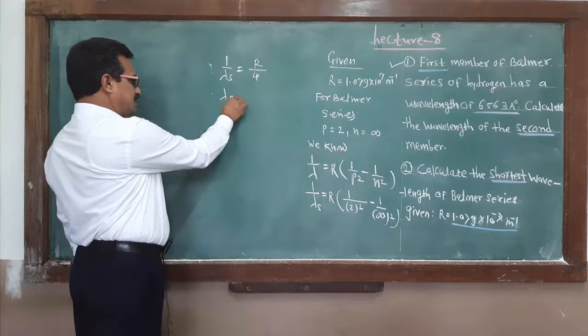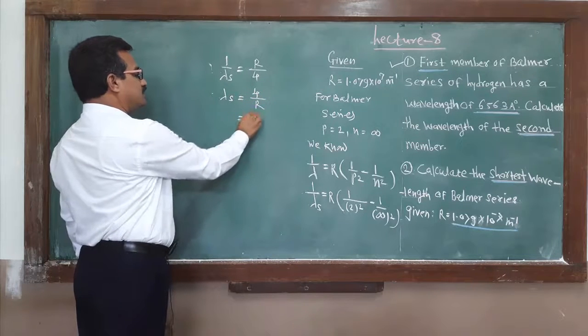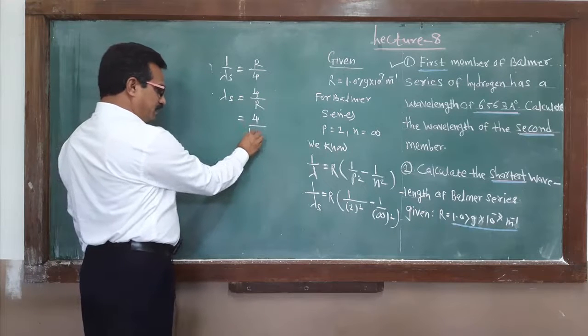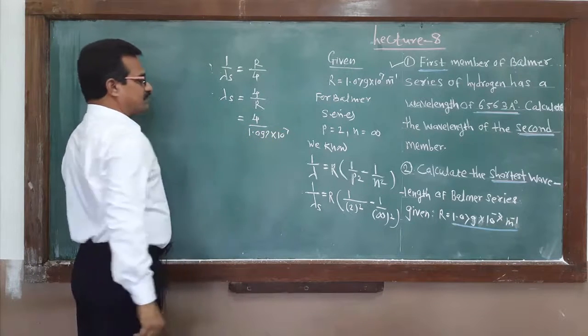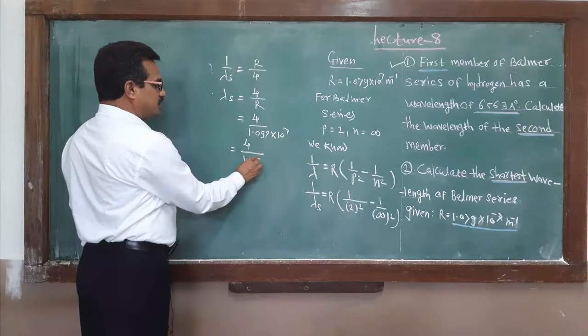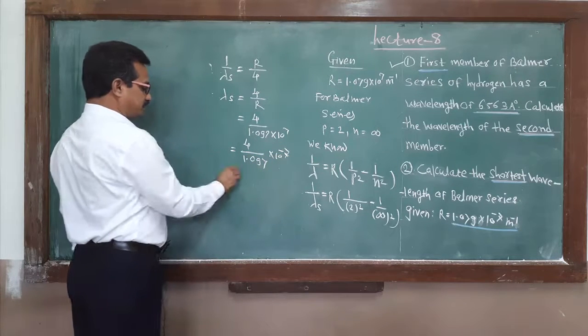Therefore, lambda s is equal to 4 divided by R. That is equal to 4 divided by, what is the value of R? 1.097 into 10 raised to 7. That is equal to 4 divided by 1.097 multiplied by 10 raised to minus 7.